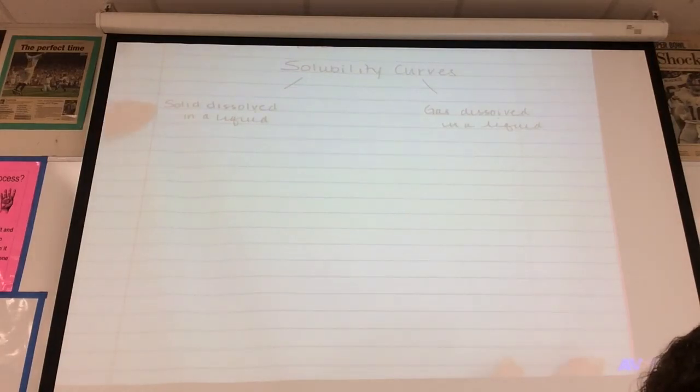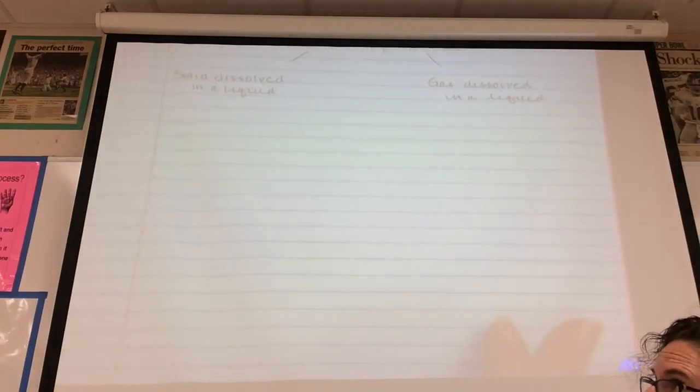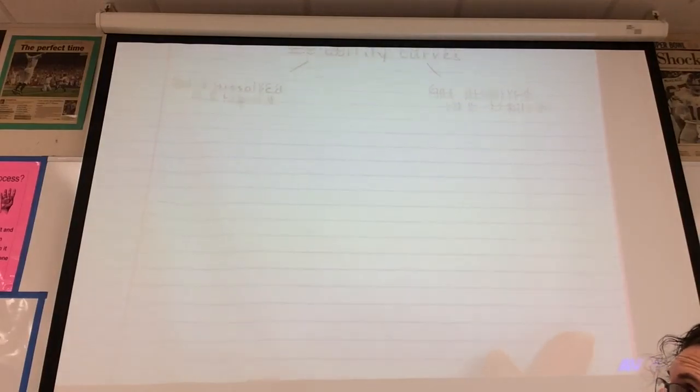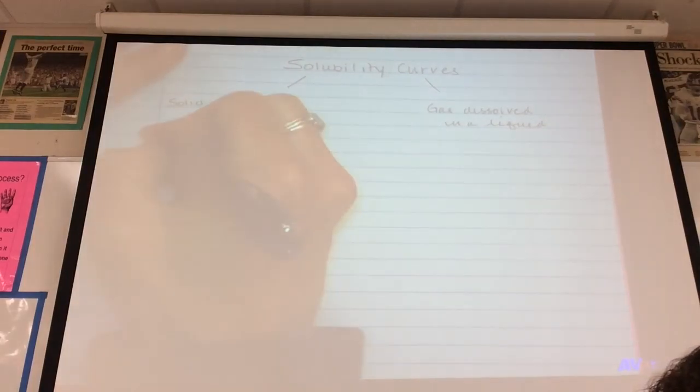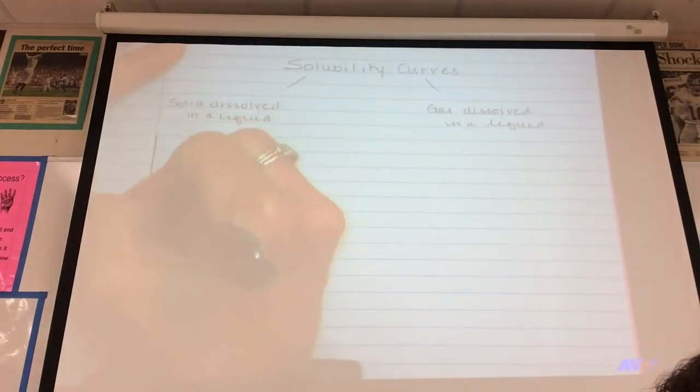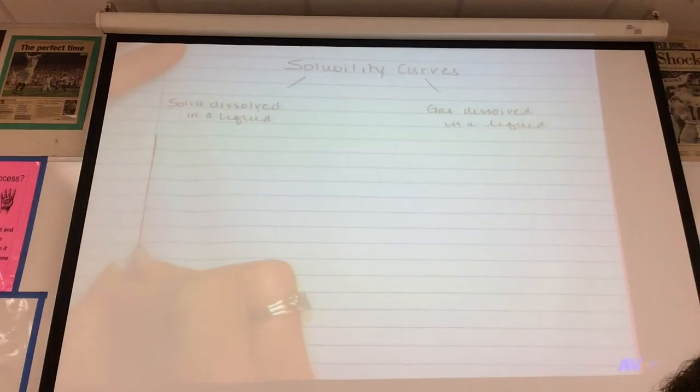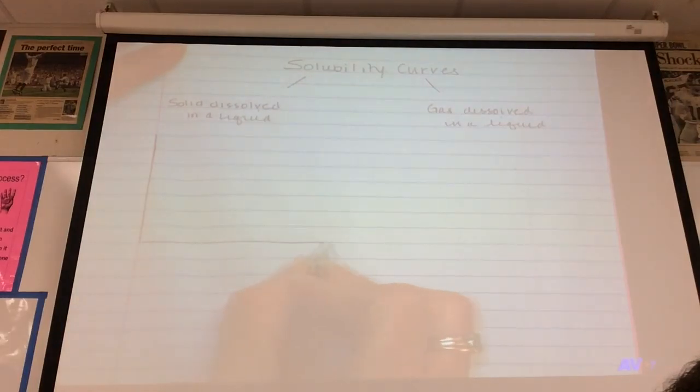So if we look first at a solid dissolved in a liquid, what we're going to see with its solubility curve, so I'm going to make a graph, and what I've got on the X is temperature, and this can be in degrees Celsius.